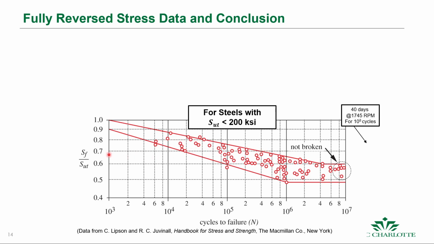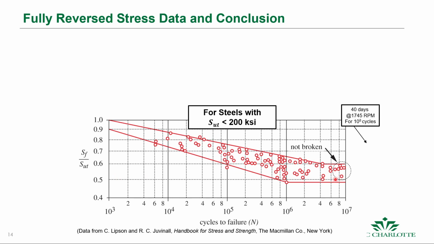And so this test data is the fatigue strength, which is a stress value, and it's normalized by the ultimate tensile strength. Okay, so at about 50% of the ultimate tensile strength is where we're getting close to where we have all these failure samples being above that line.